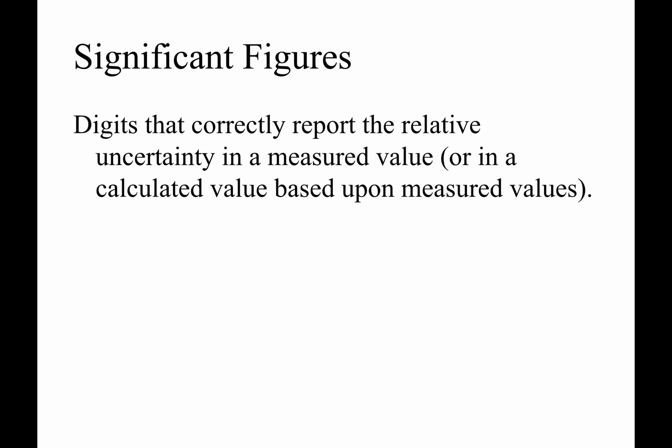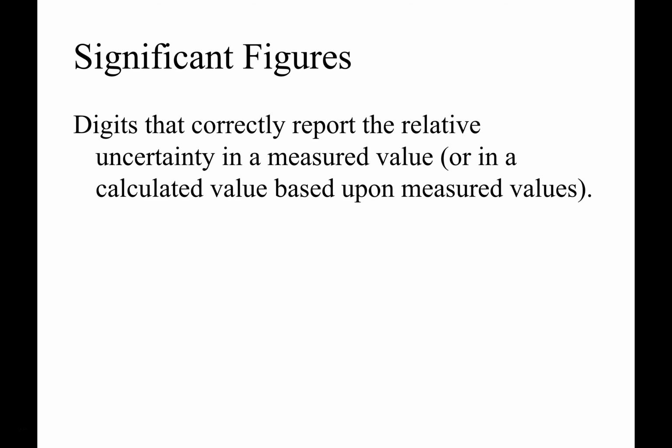Well, when you record tomorrow's lab, you are going to report a specific value, like your length, and you're going to relate the length that you get in centimeters in terms of a certain number of significant figures.